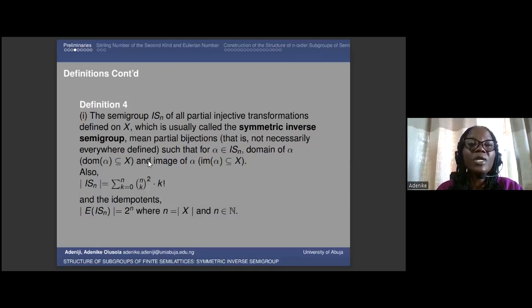What this is saying is the domain is a subset of the finite set defined, and as well the image is also a subset of the finite set defined. And the cardinality of symmetric inverse semigroup is as seen here, with the cardinality of the idempotents being 2 raised to n.